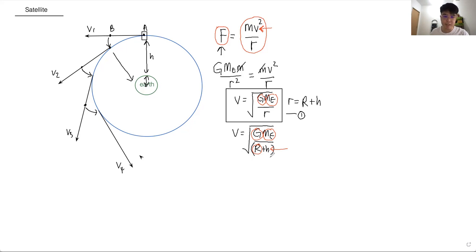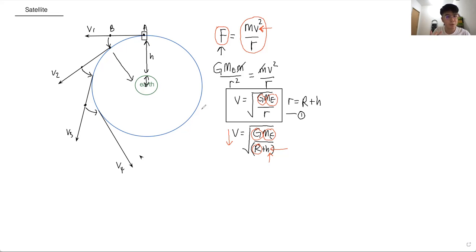Because if h is high, then the velocity will decrease, drop. 越高，它走到越慢。如果你的 satellite 越靠近那个地球的 surface 啊，它走到越快。Okay, so remember this.